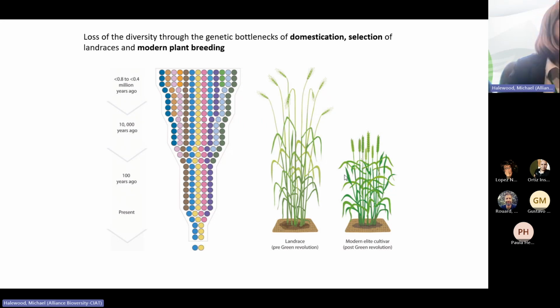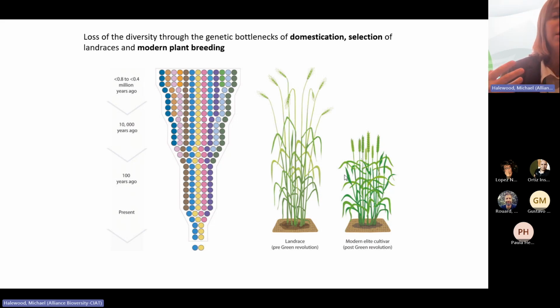It's very well known that during the domestication process, selection of landraces, and even modern plant breeding, the crop diversity of many crops has been reduced drastically. One very good example of breeding is the landraces of pre-Green Revolution, and in the end, elite varieties post-Green Revolution.